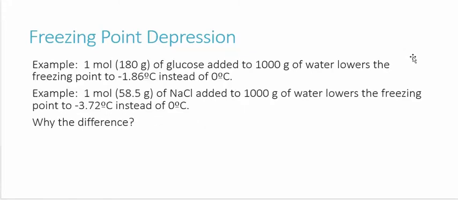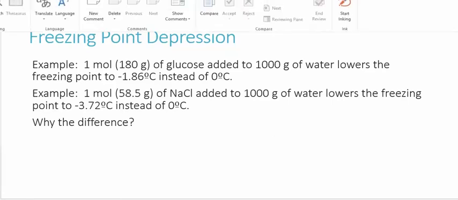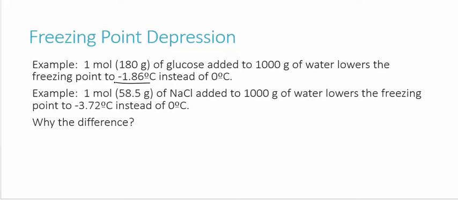Let's look at a couple examples. 1 mole of glucose lowers the freezing point to negative 1.86 instead of 0. But if I add 1 mole of sodium chloride, the freezing point gets lowered to negative 3.72 instead of 0. Well, why the difference? Glucose contains all nonmetals. It's a non-dissociating solute.